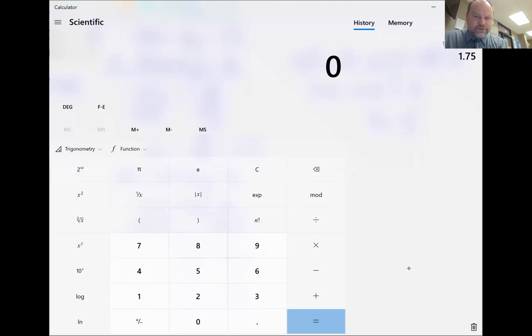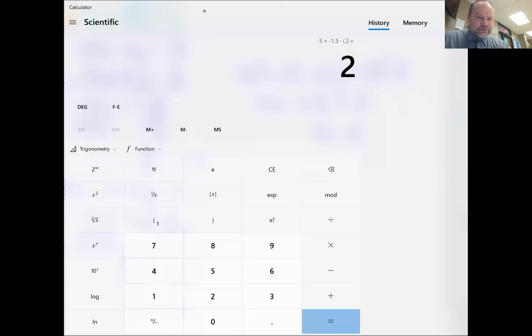So in this case, I had negative 5 times negative 1.5 minus, and I'm going to use parentheses, 2 times 1.75, and my parentheses.